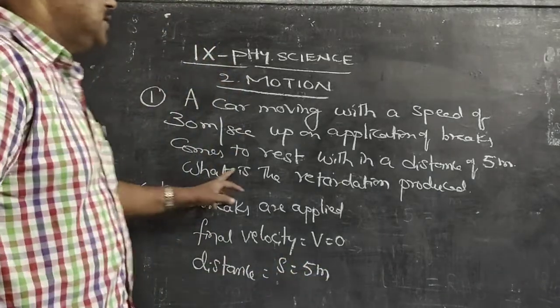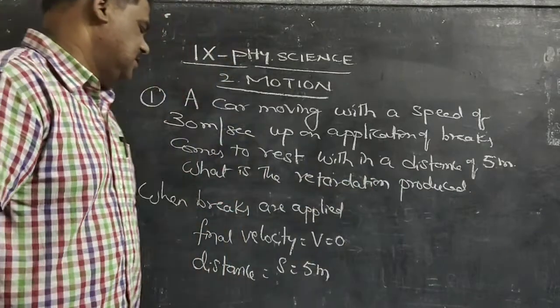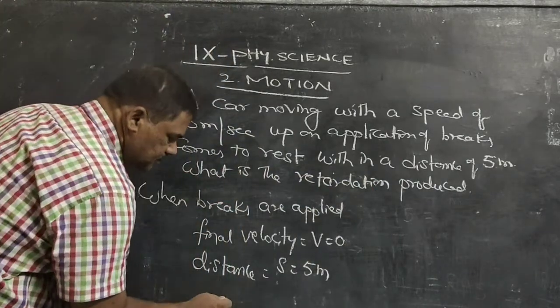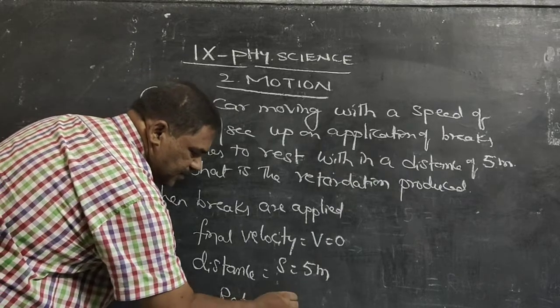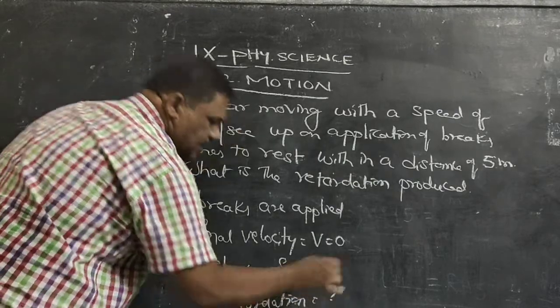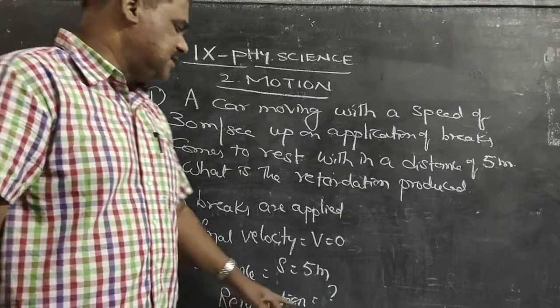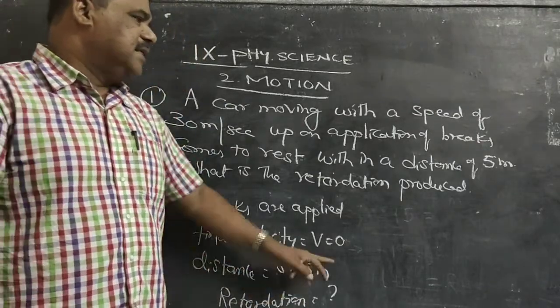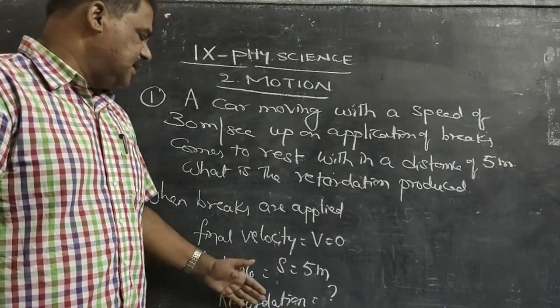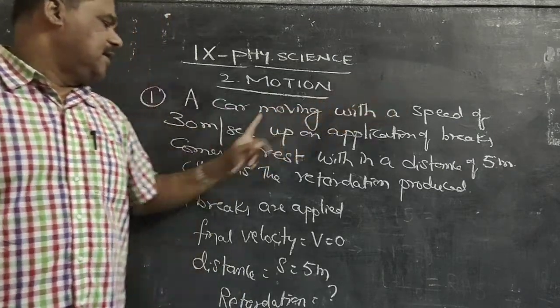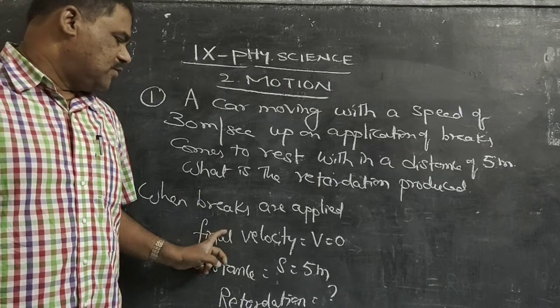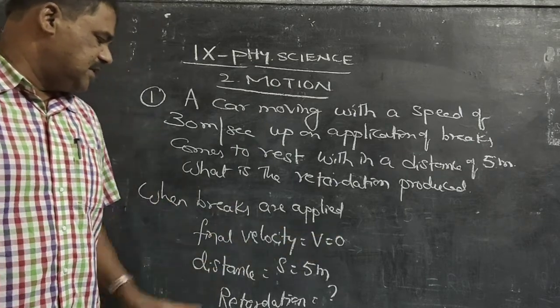Now, what is the retardation produced? Retardation we have to find. Negative acceleration is called retardation. If a minus sign is there for acceleration, then that is called retardation. So here, when brakes are applied, the body comes to rest, so final velocity v is 0.